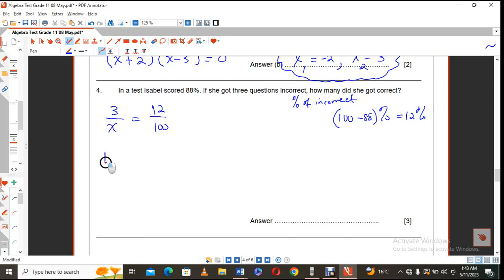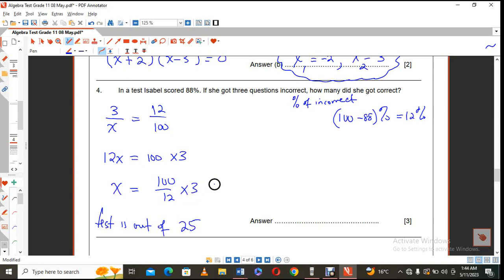So you can do your cross multiplication now to find that solution, and x would be 100 divided by 12 times 3, and I hope you can see where the reverse percentage comes in. So the test is out of 25. Okay, so there are 25 questions.